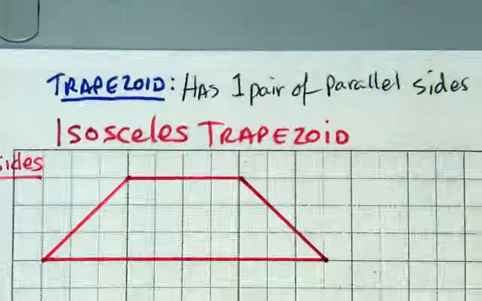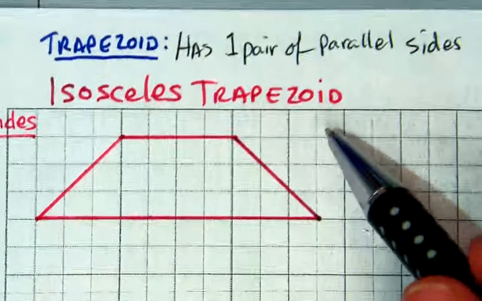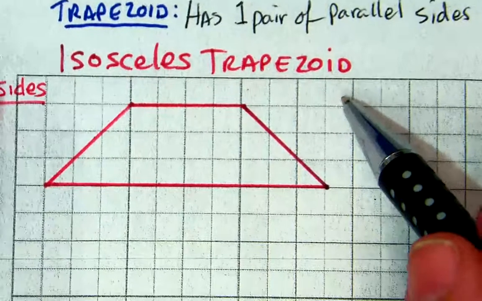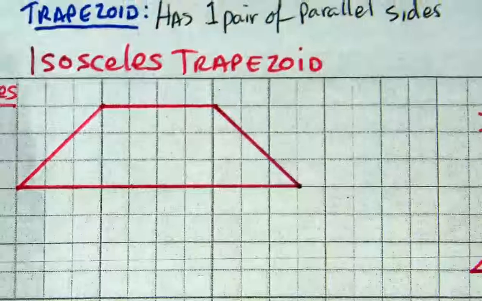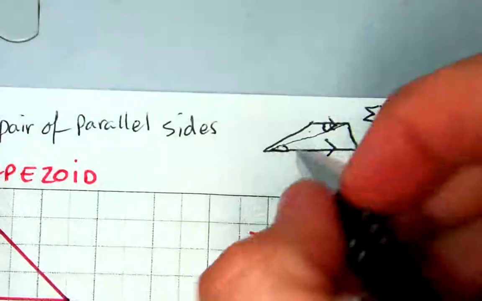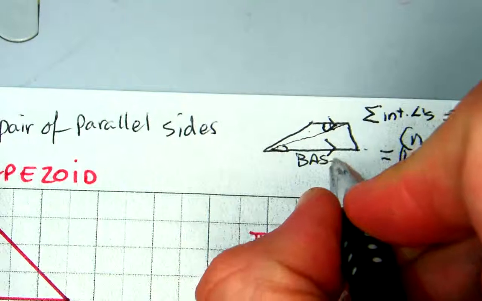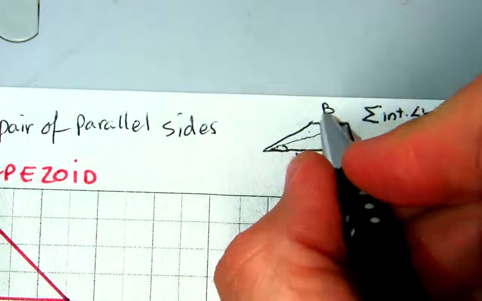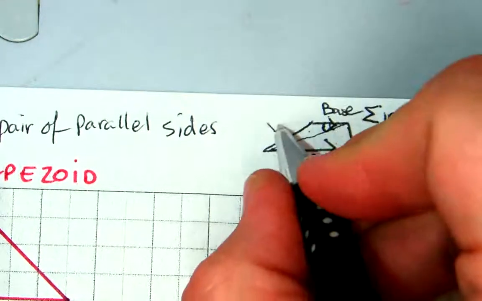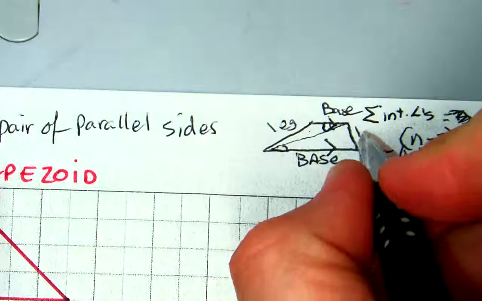Now, the interesting stuff happens when you get the isosceles trapezoid. The parallel sides here are called the bases. That's a leg, and that's a leg.